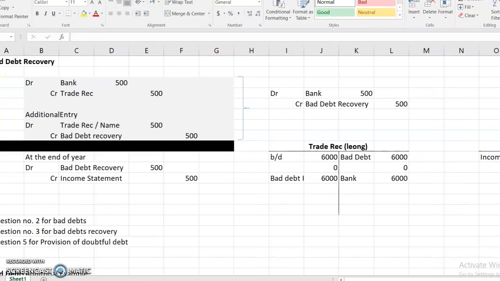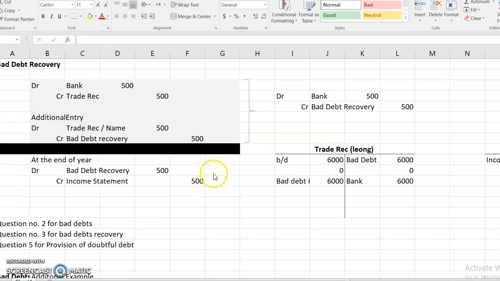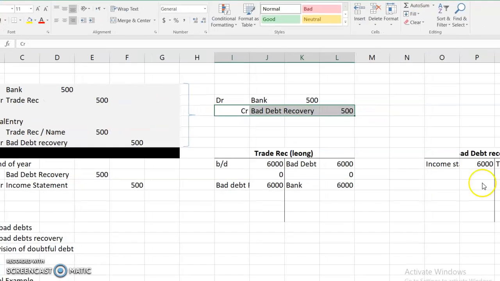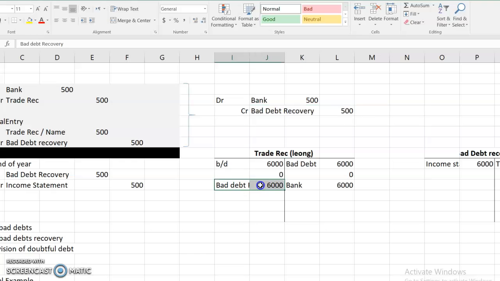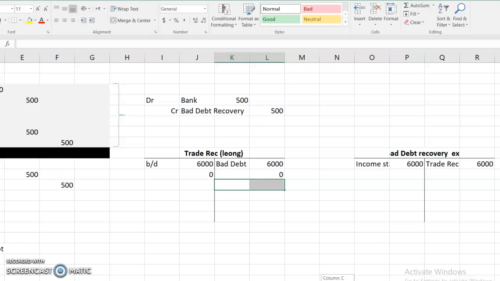Now the second way is I directly debit my bank, because when I pay you, you receive money, your bank balance increases, and I credit my bad debt recovery. So I don't do the trade receivable entry. I let this account stay as it is.